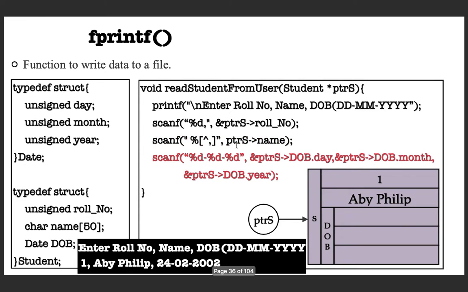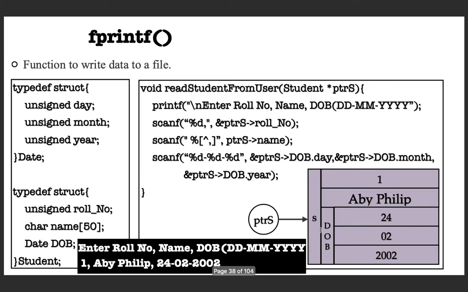Proceeding down, and here I assume that you remember the data suppression operator, the asterisk. If you give it here, this will be suppressed. Okay, that was discussed in the beginning of this course. Anyway, it is reading the date into this day field, then month and year likewise. If you progress, you will read it like this.